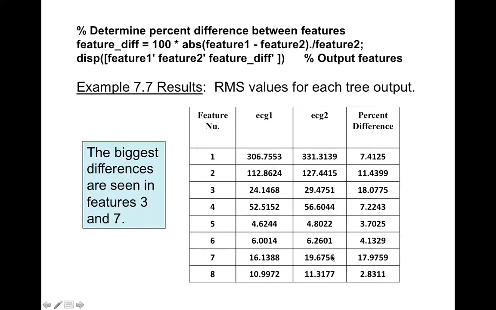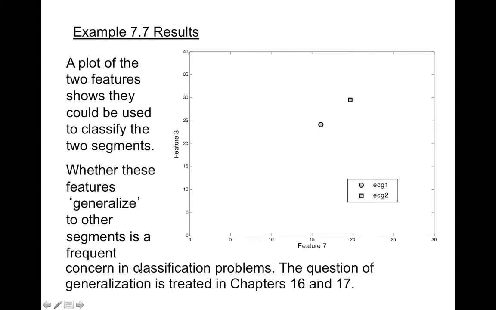So looking at features 3 and 7, if you plot feature 3 versus feature 7, and you plot the location of that point vector for the two different signals, you can see that they appear to be clearly separable.